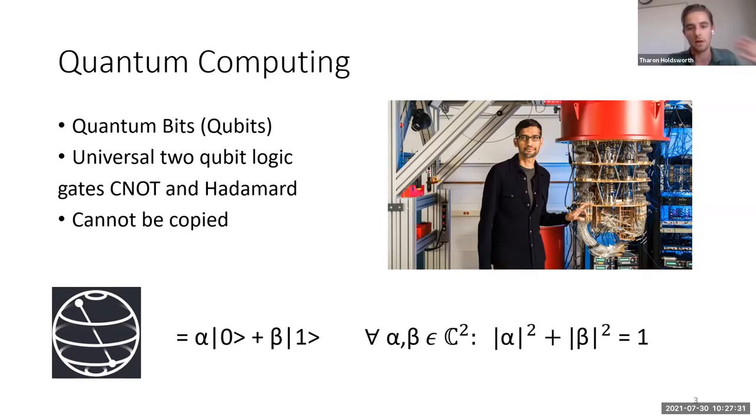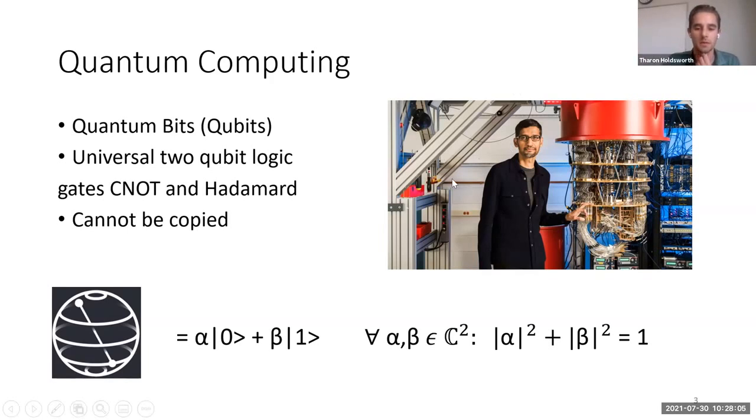So if you have a 0 and a 1 state, just like in classical computation, these are 2 distinguishable states, but they can exist as a superposition of these 2 states at the same time, so to speak. But in reality, these parameters can take on complex values, so they have 2 independent degrees of freedom. And when you start adding more qubits together, the total number of available states increases like 2 to the n instead of linearly, as in Moore's law.